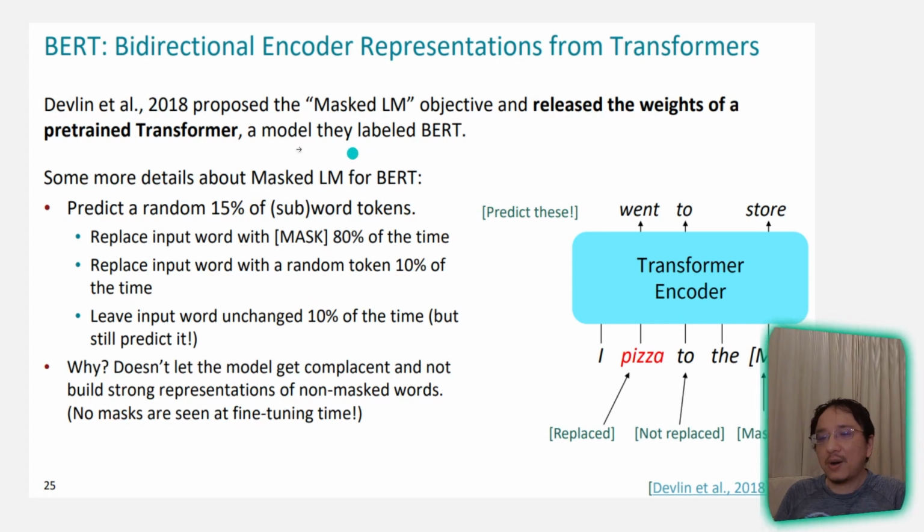So this type of training makes BERT a very popular pre-trained model for a while, maybe like 5 years ago. It can be used in a lot of different downstream tasks.